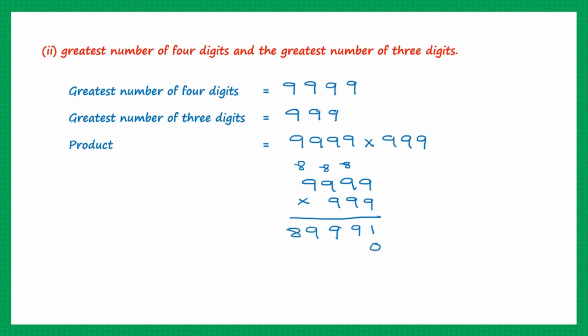Now, we are multiplying it with 9 again, so we will get the same thing. So let's start from here. 1, 9, 9, 9 and 8.